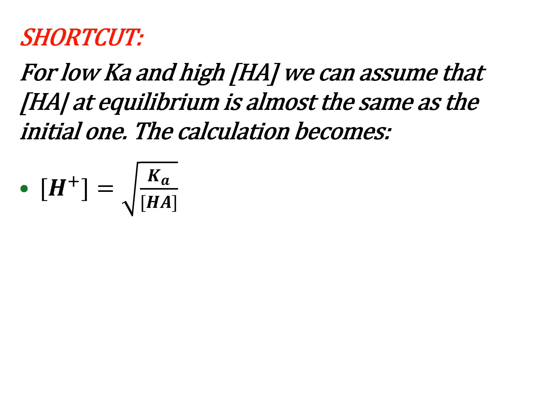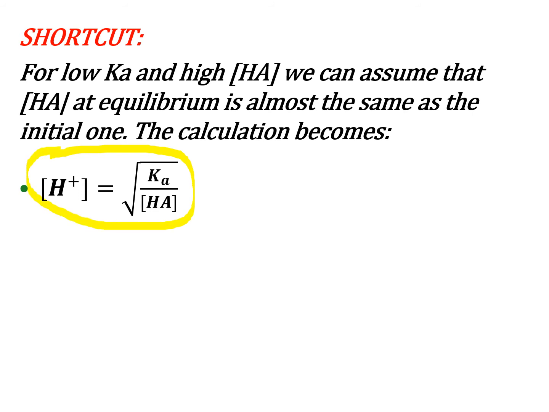So to recap, if you're given a problem where you have to calculate the pH for a weak acid at a given concentration, start by assuming that you can do the simplification and that you can just use the initial concentration as concentration at equilibrium, in which case the formula becomes the one that you can see in this slide, and that means that the math is much shorter and you can save time.